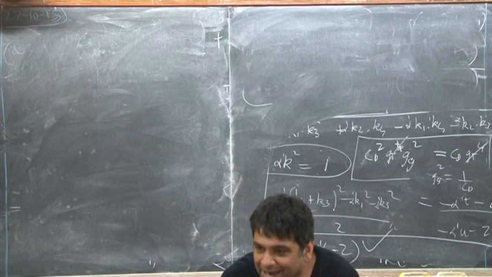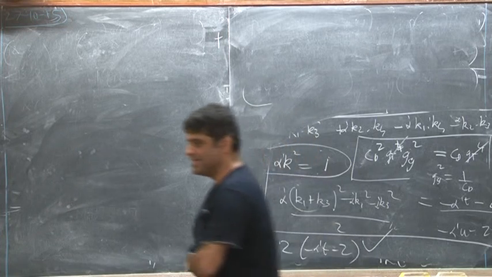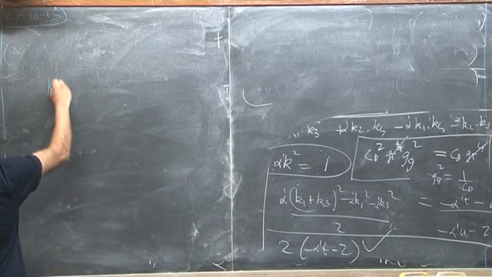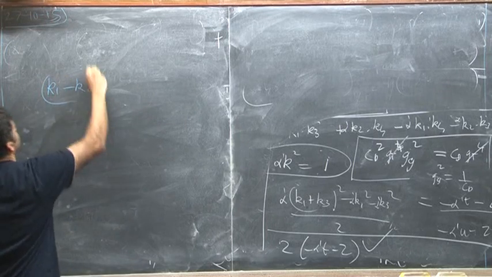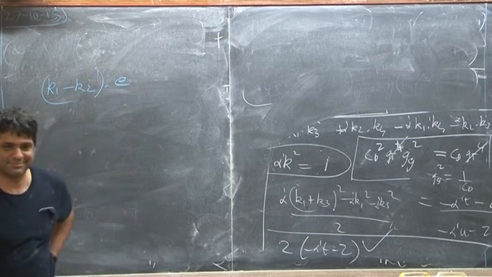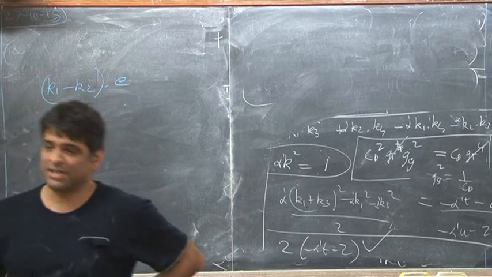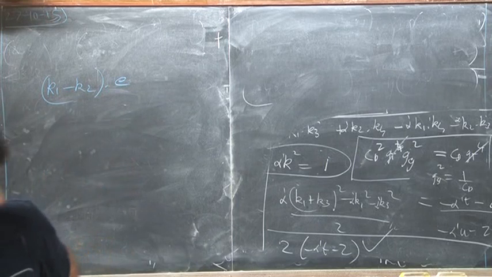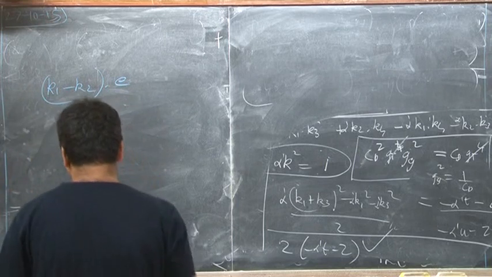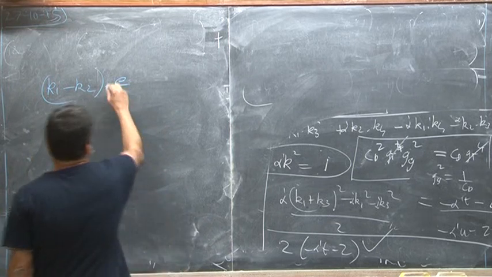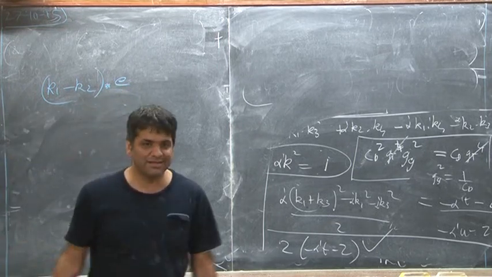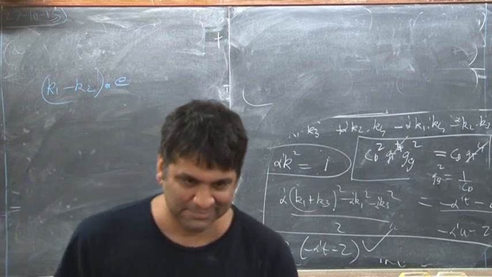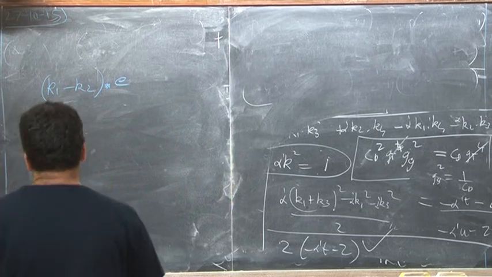Let's understand why in a little more detail. I told you that by direct computation we found that k1 minus k2 dot e was the structure that appeared when we did the two tachyon to one gauge boson computation. But let us see whether this was a coincidence of the specific couplings of string theory or whether this follows from Lorentz invariance.